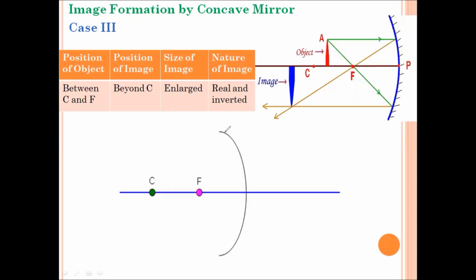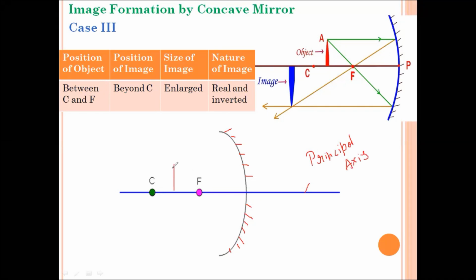Now we have case number 3, when object is placed between focus and center of curvature of a concave mirror. Here we will use rule number 1 and rule number 2.